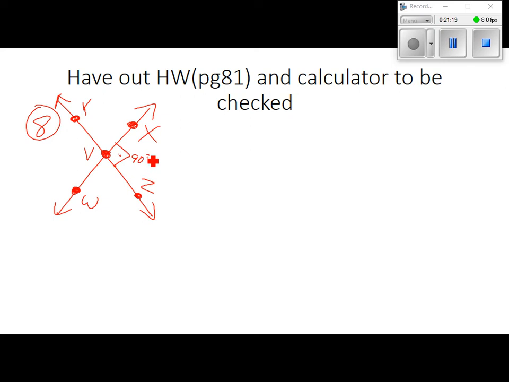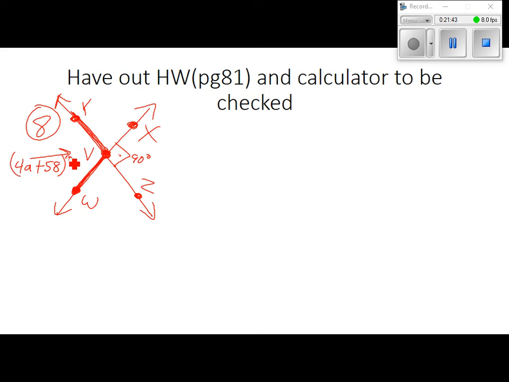Now let's look. Angle WVY. That's this angle right here. What do we know about that angle? 90 degrees. And they told us that it was 4A plus 58. Now, they put it in parentheses.